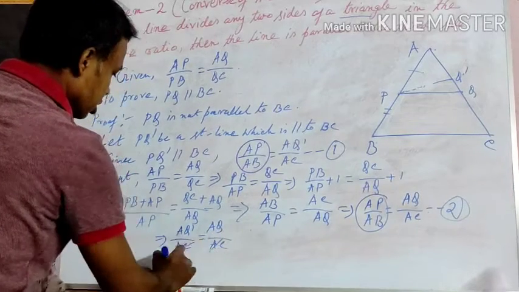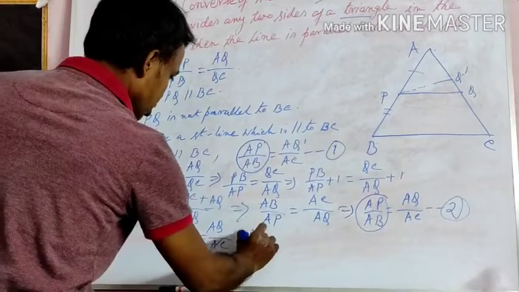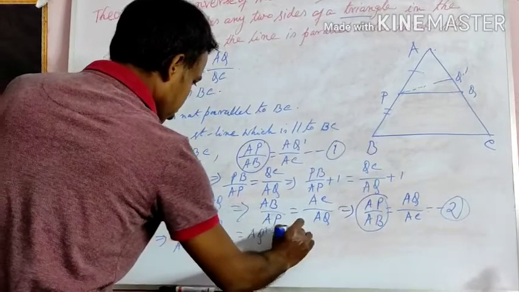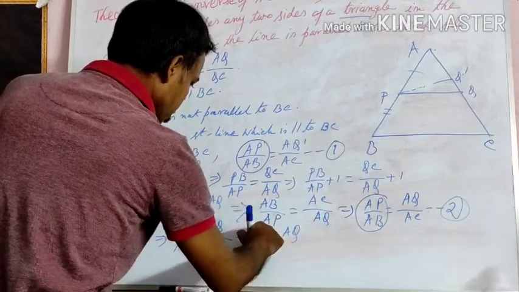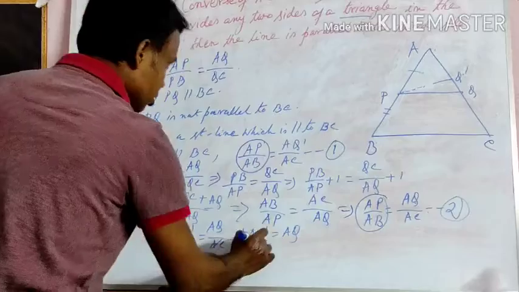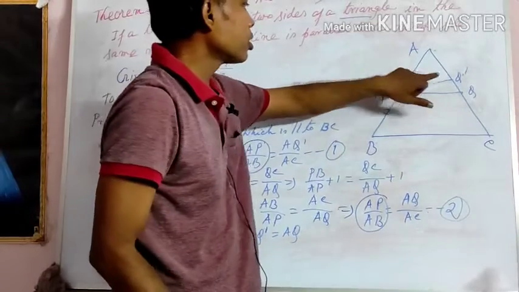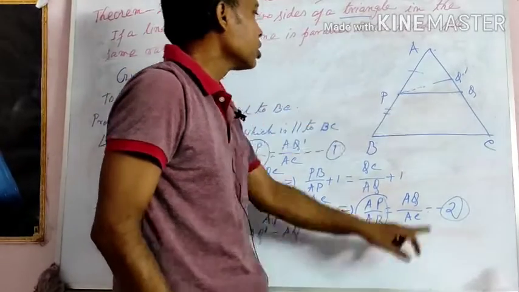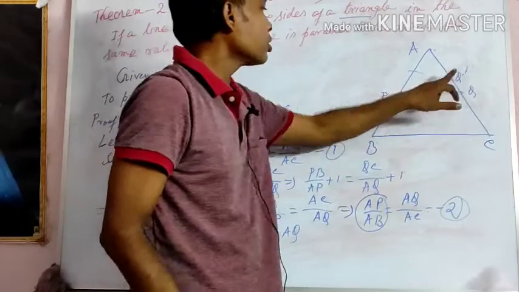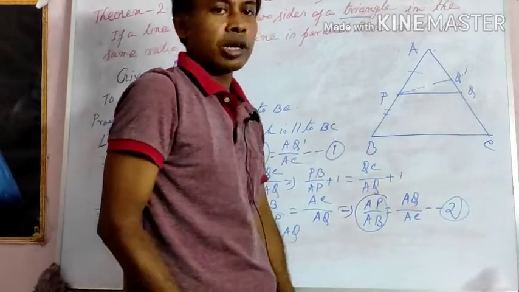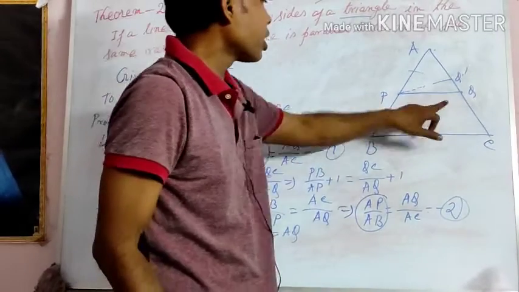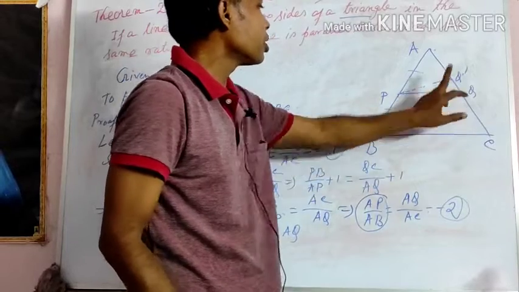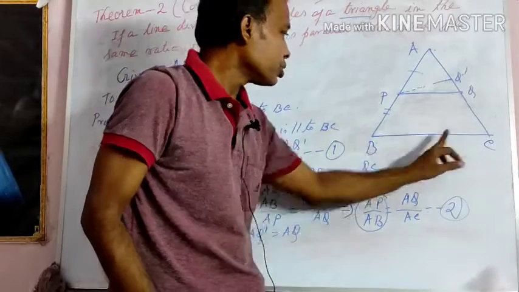So AC cancels out, or AQ dash is equal to AQ. That is AQ dash is equal to AQ means PQ dash is equal to PQ, that is PQ dash parallel to BC.